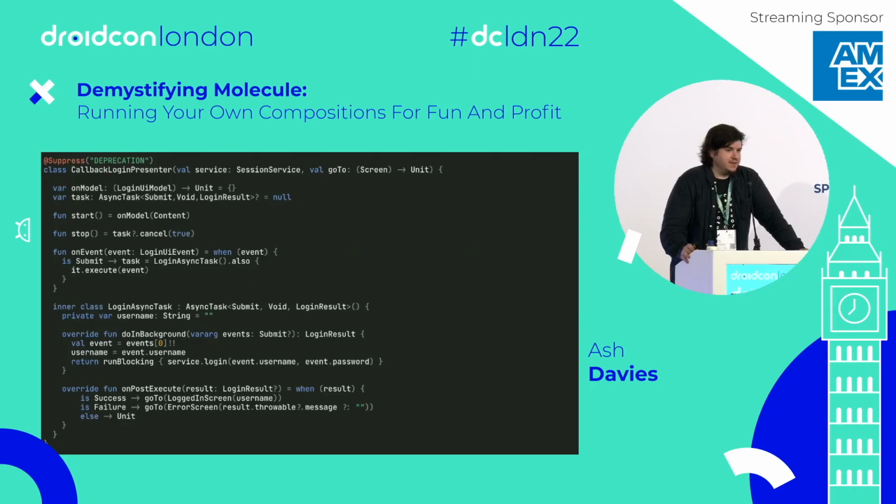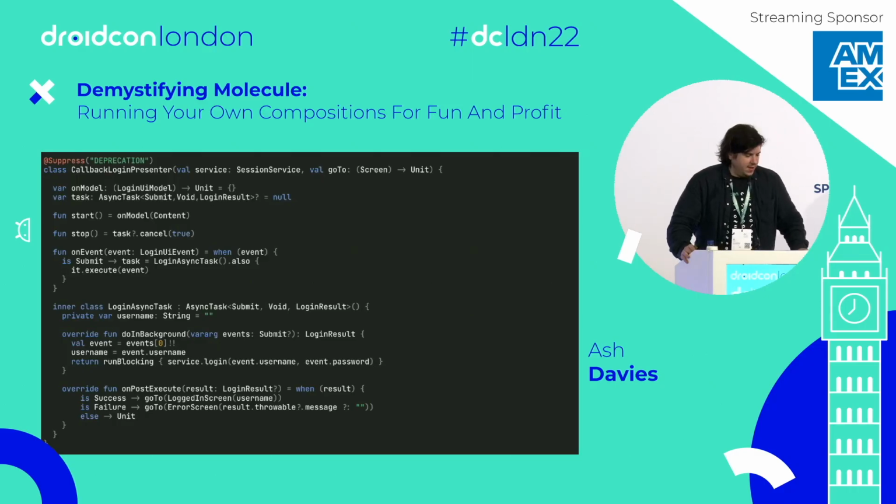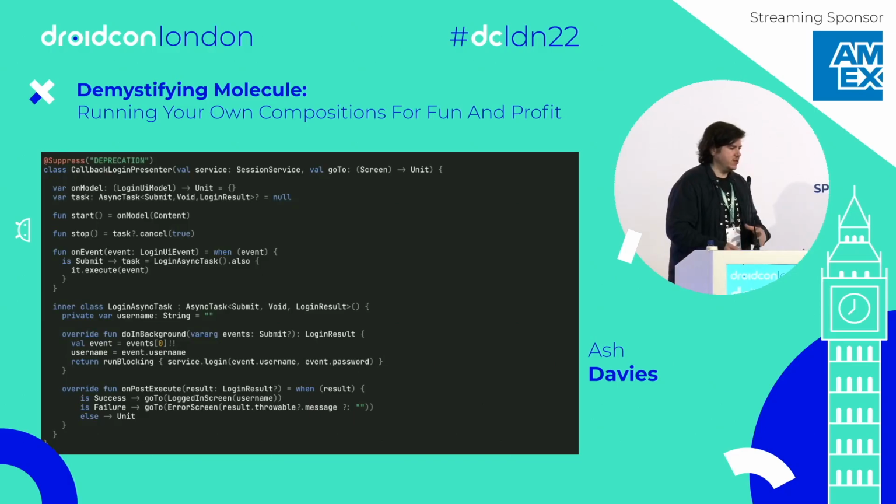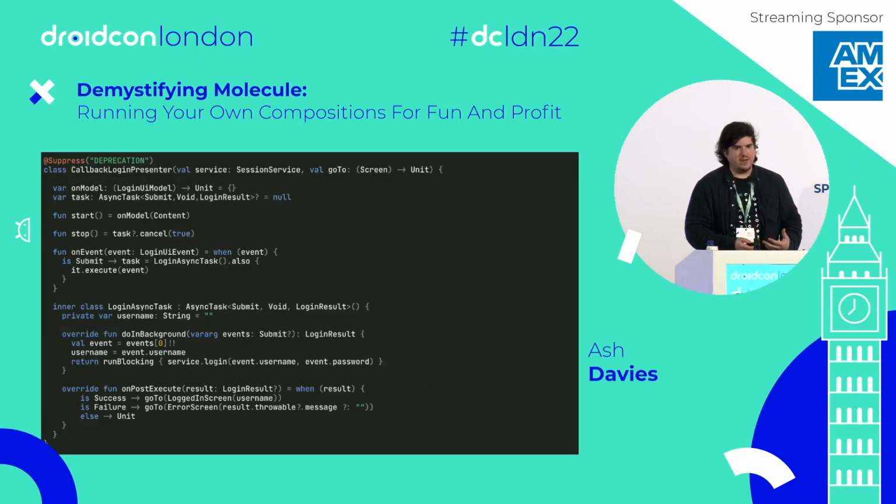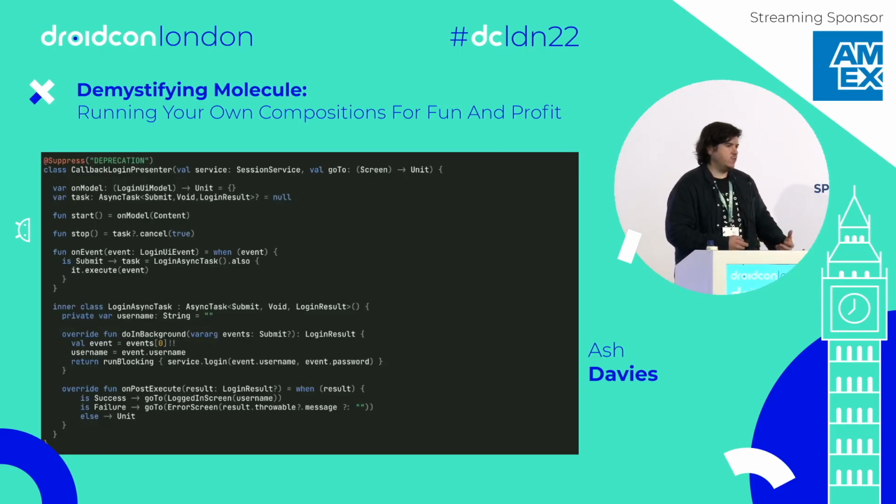Maybe I should have lent this to the presentation from this morning. But it's a demonstration of how we might have done this in very naive early times, handling presentation logic and having an asynchronous task, having some background behavior. And of course, don't do this, but this was a precursor to a lot of decisions that introduced reactive architecture into our applications.